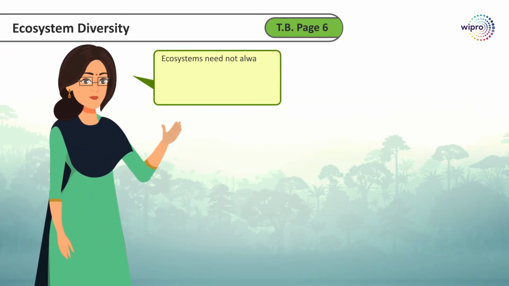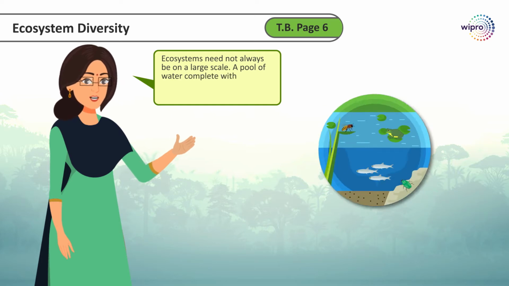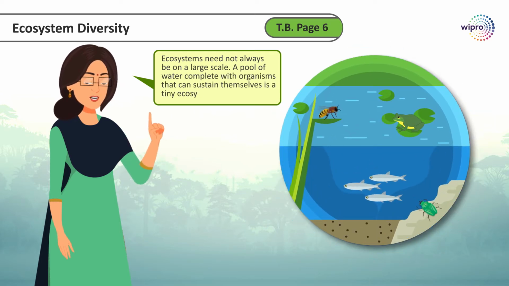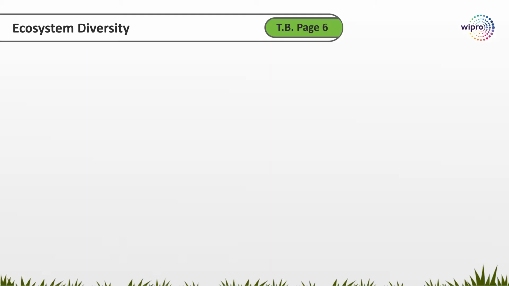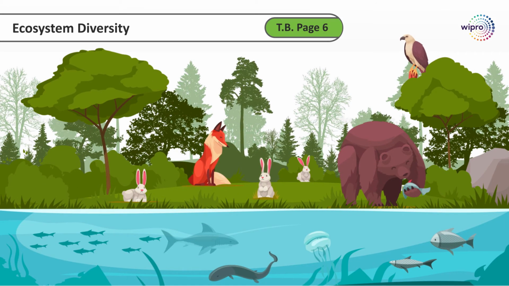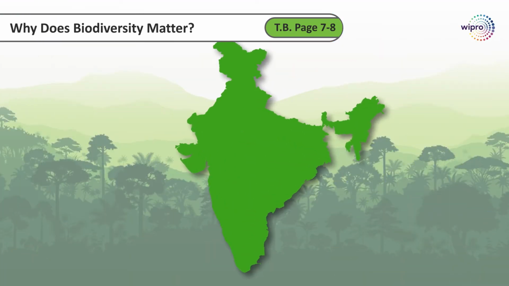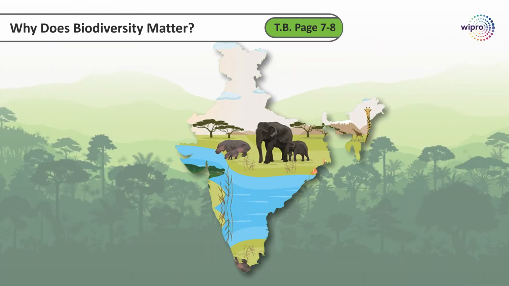Ecosystems need not always be on a large scale. A pool of water, complete with organisms that can sustain themselves, is a tiny ecosystem. A healthy ecosystem is made up of a complex web of contributions made by a wide range of organisms. India is exceptionally rich in ecosystem diversity.